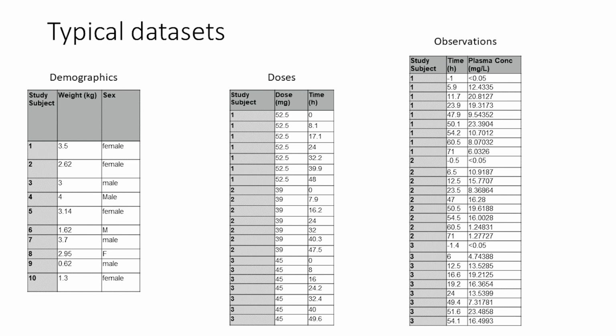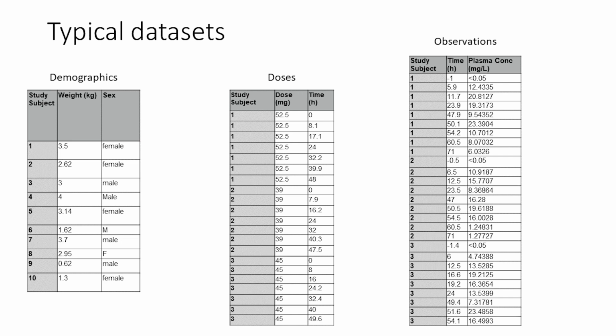I have a table of doses, so you have the study subject. You see that there are multiple doses listed and the time of those doses in hours. And then I have a table of observations. So here we have the study subject, the times, and the plasma concentration measured.